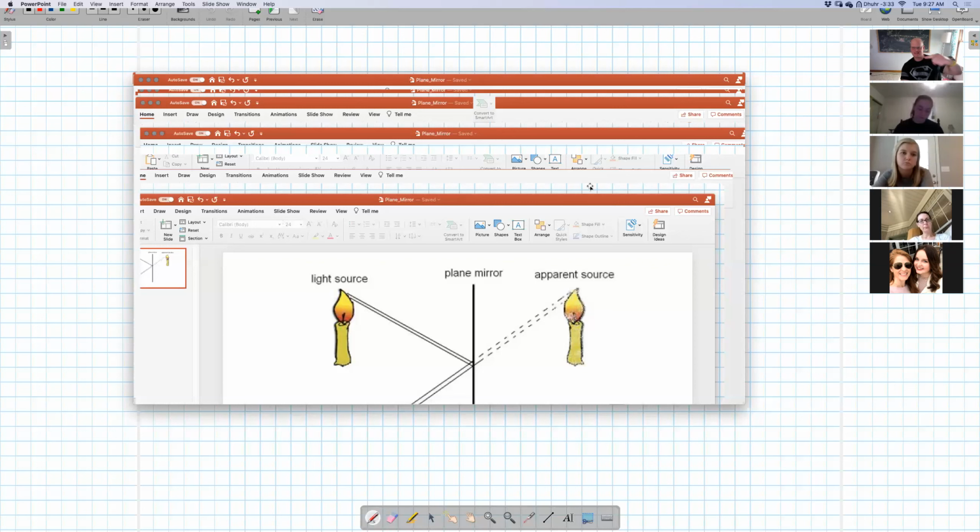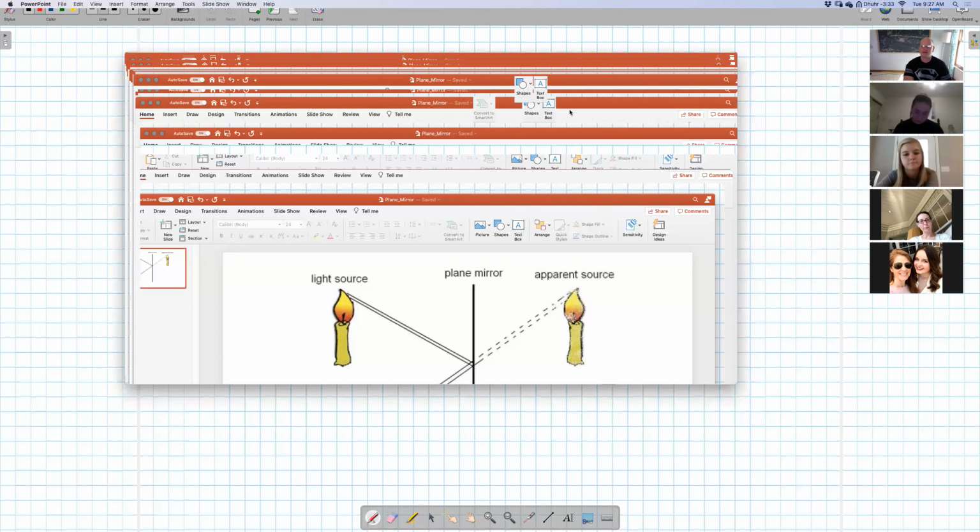Our eye sees a light ray come into us, and we think it always moved in a straight line. So we're going to follow that back along the line at which we think it came from to the location at which it appears to have originated. That's why this thing is called the apparent source. So this is actually the image. Our eye thinks that this ray here started at this location, and this ray started at this location. So it's going to follow it back to the location at which it thinks it originated from, which is then the image.